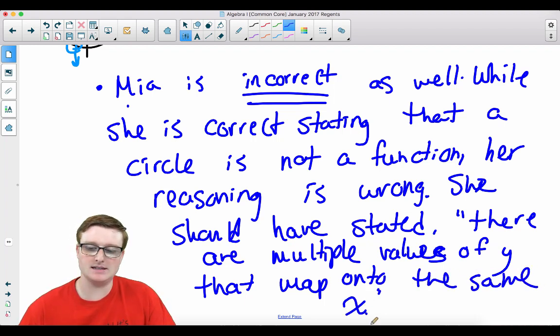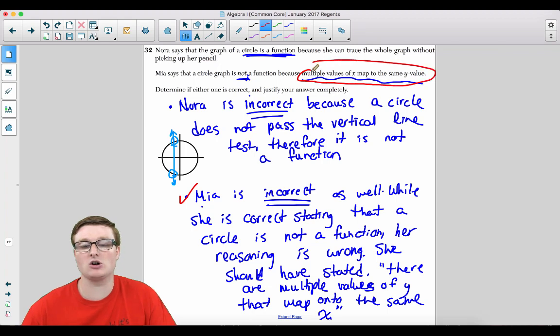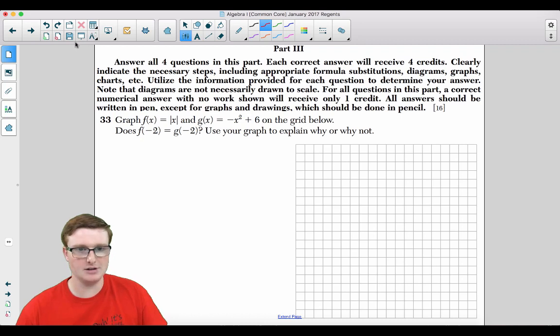And basically what that means is when it maps onto the same x, your x value does repeat itself. So that, ladies and gentlemen, is how you solve that question. That was definitely tricky because you had to know the definition of a function, and Mia was wrong as well. So they're both incorrect. All right, 33.